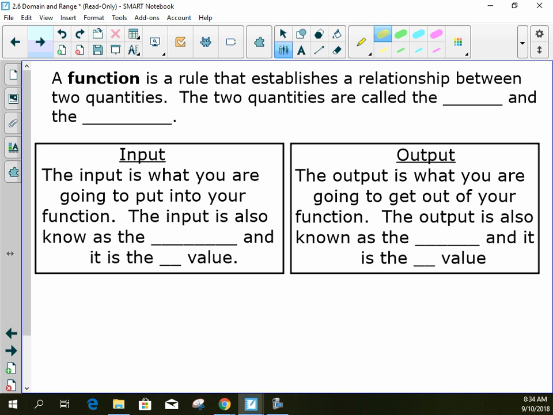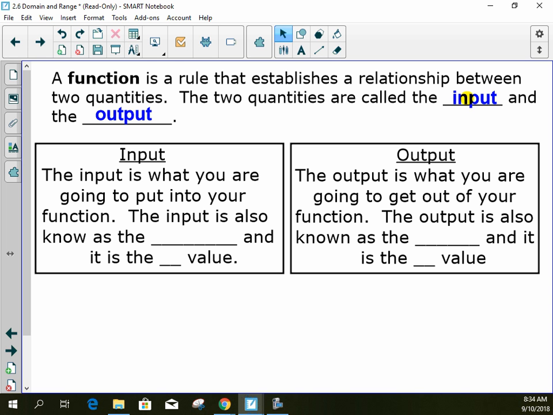Here we go. A function is a rule that establishes a relationship between two quantities. The two quantities are called the input and the output. We've already talked about this, haven't we? Yes.